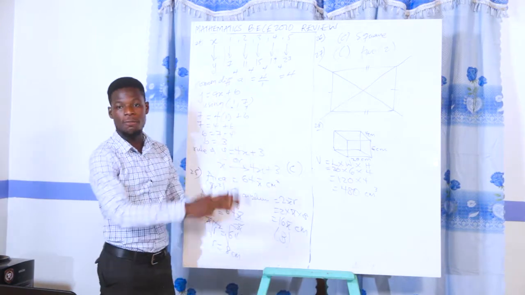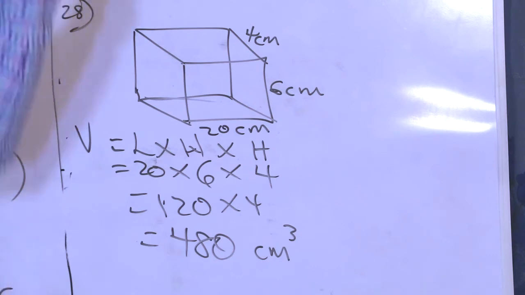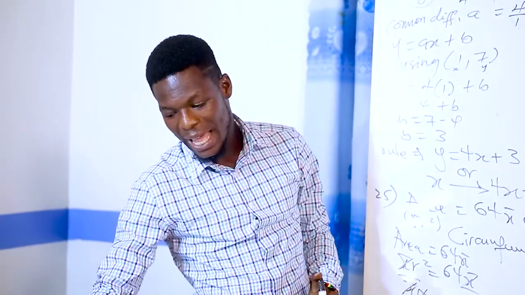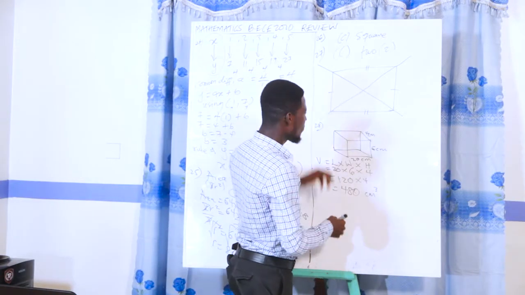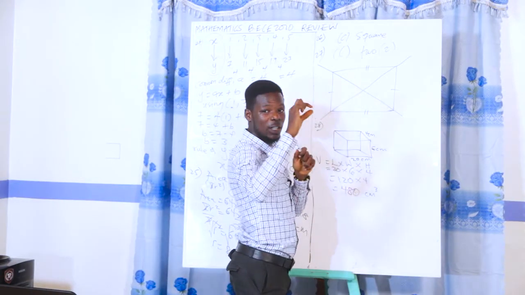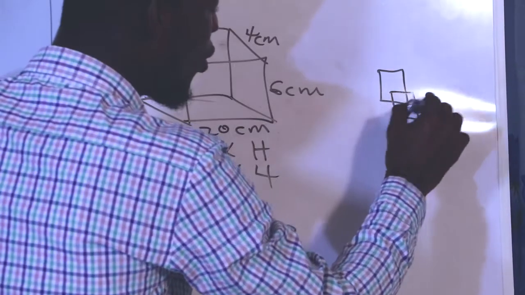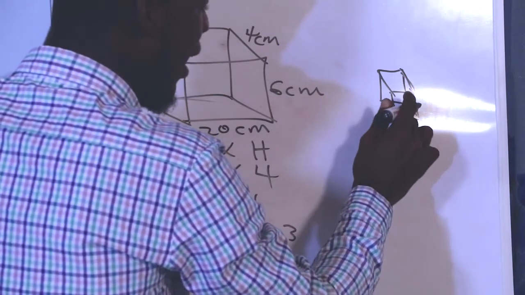Now we are going to fill this rectangular box with cubes. A cube has its base to be what? A square. And all sides of a cube are equal. Okay, so the cube has a side of 2 centimeters. If I'm drawing a cube, a cube mostly looks like a cuboid.